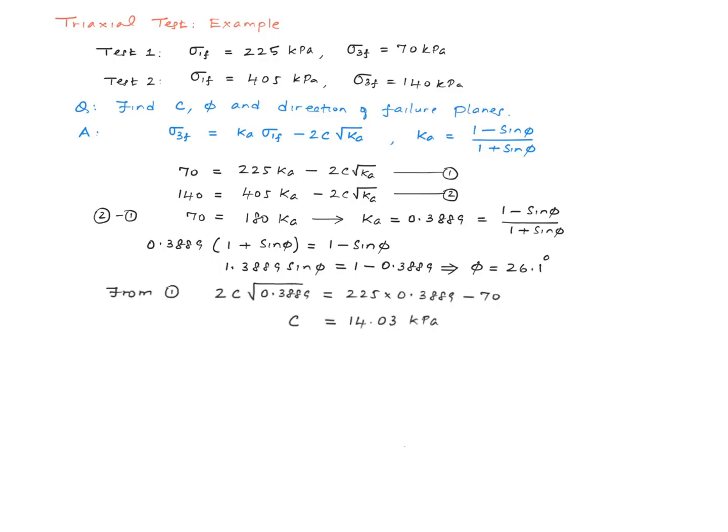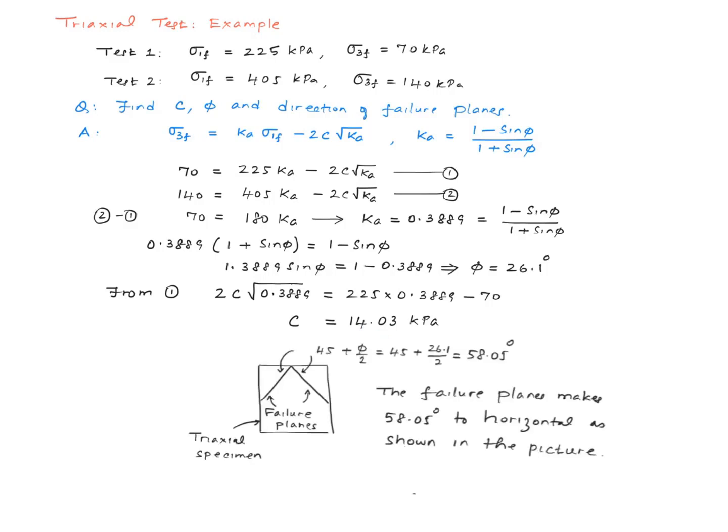Then I can use one of these equations to get a value for the cohesion C. I use equation number 1 and I got 14.03 kilopascal for the cohesion C. We know failure planes make an angle of 45 plus phi/2 with horizontal, which works out to be 58.05 degrees.